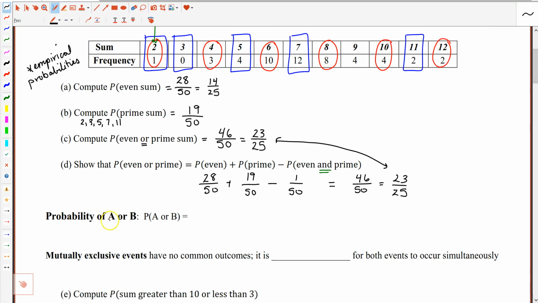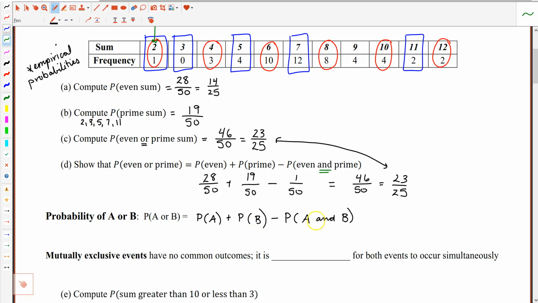If you want to find the probability of A or B, that's going to be equal to the probability of just event A plus the probability of event B, looking at them separately, and then you subtract off the probability of A and B. This would be any of the outcomes that satisfied both of the criteria, and you subtract this off at the end to eliminate double counting anybody.